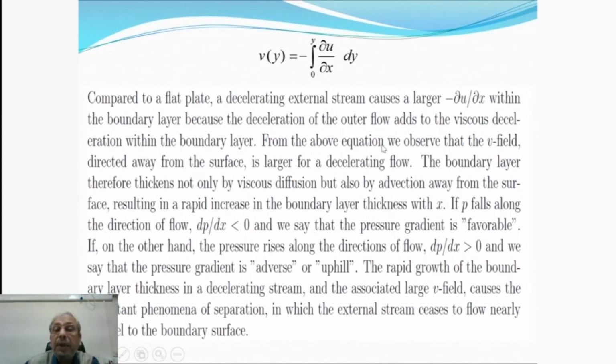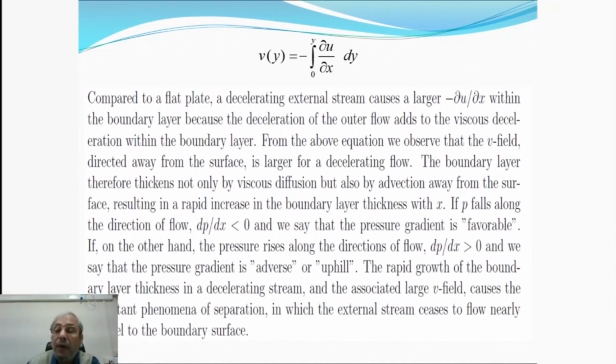From the above equation, we observe that the V field directed away from the surface is larger for a decelerating flow. The boundary layer therefore thickens not only by viscous diffusion but also by advection away from the surface, resulting in a rapid increase in the boundary layer thickness with x.